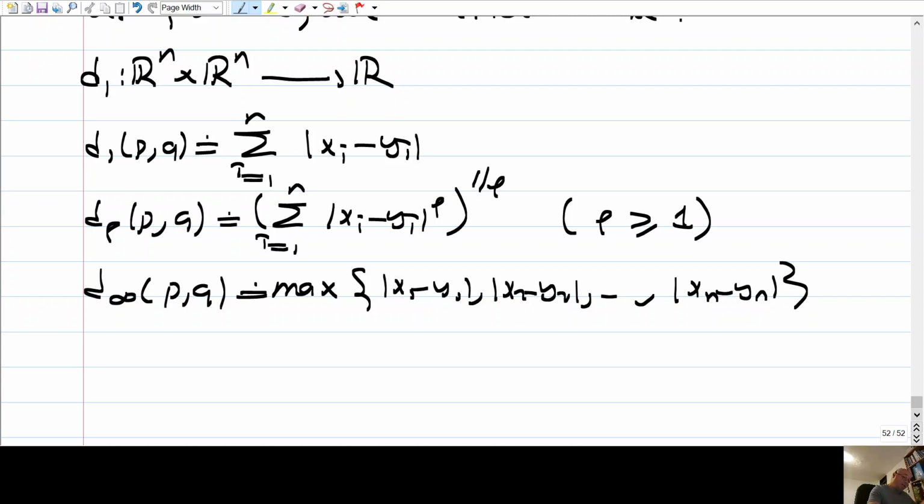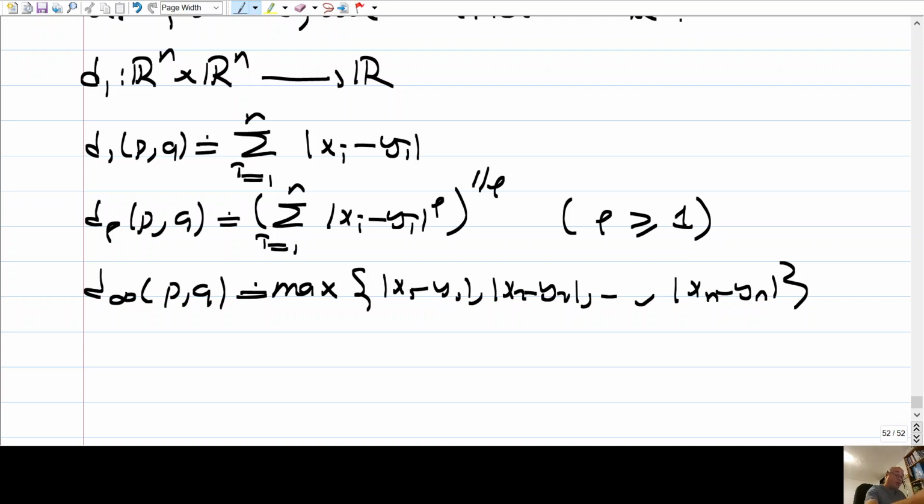It is easy to prove D1 and D infinity are metrics, but for D rho, we will need analogues of Cauchy-Schwarz and the triangle inequality for this kind of expression, and it is not that easy. I'll do it later. Next time I will start by proving that D1 and D infinity are metrics, like D2.